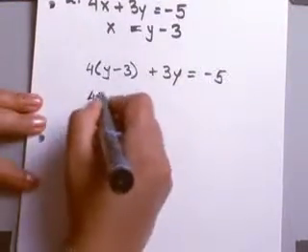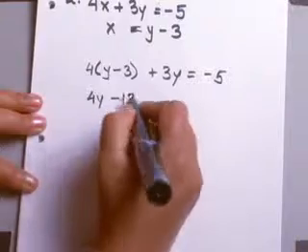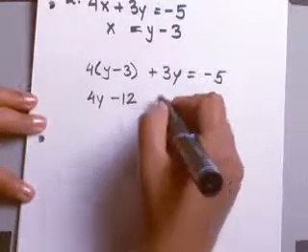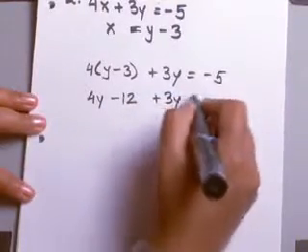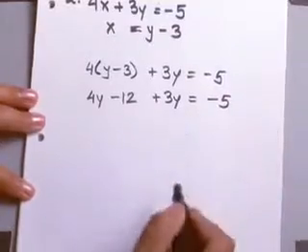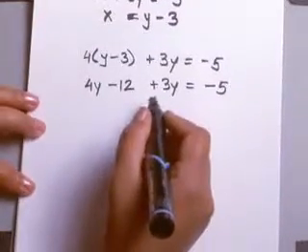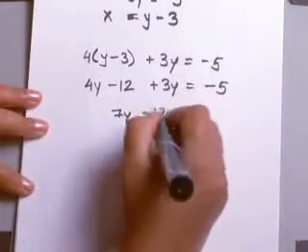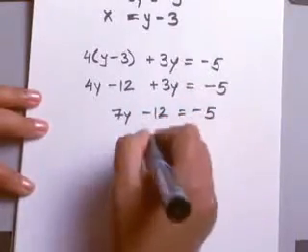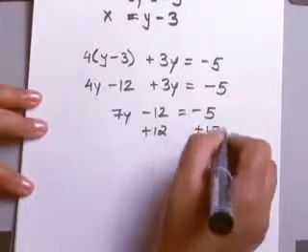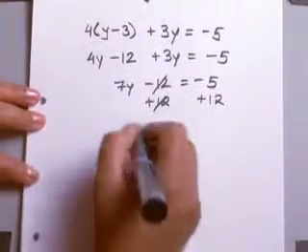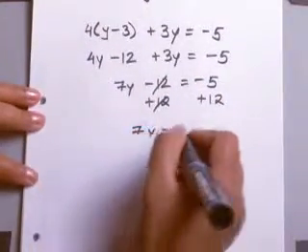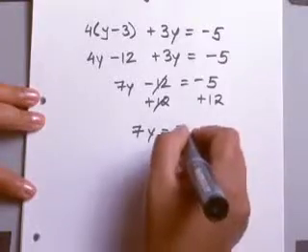When you solve this, you end up with 4y minus 12 plus 3y equals negative 5. Combine your like terms, which will give you 7y minus 12 equals negative 5. We'll take our 12 over to the other side, and that gives you 7y equals 7.